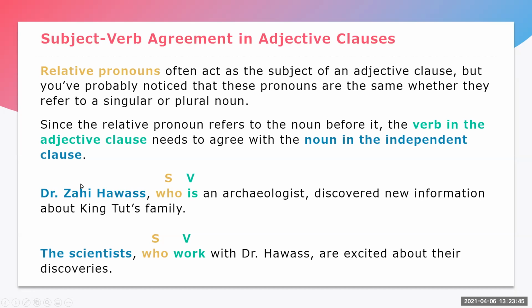Because this is one person, I need to use the third person singular of the verb to be, and that is. However, in the second sentence, the pronoun who, same pronoun, refers to scientists, which is plural. So in this case, I need to use the third person plural form of work, which does not end in an S.